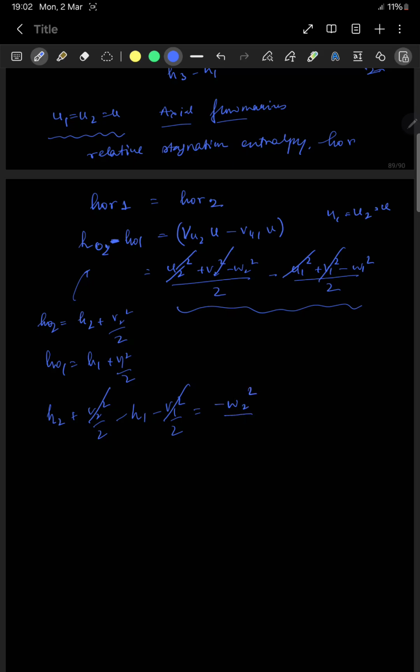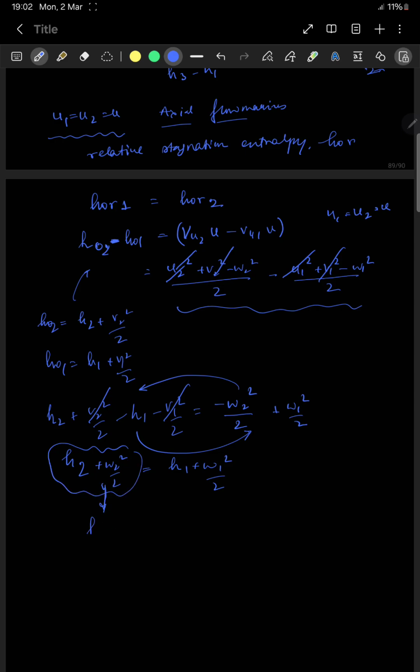So we have minus W2 square by 2 plus W1 square by 2. If we bring this over here and take this h over here, we have h2 plus W2 square by 2 equals h1 plus W1 square by 2. So this is the relative velocity, and this term will be h0R, which is the relative stagnation enthalpy.